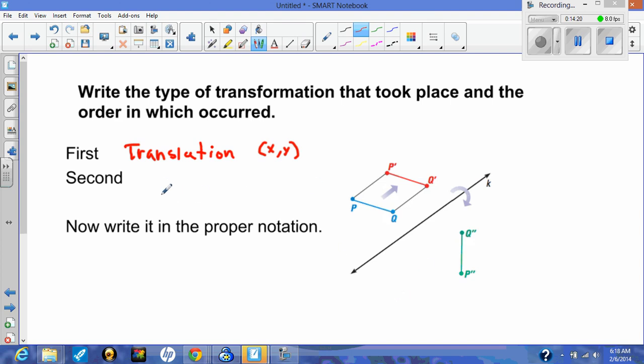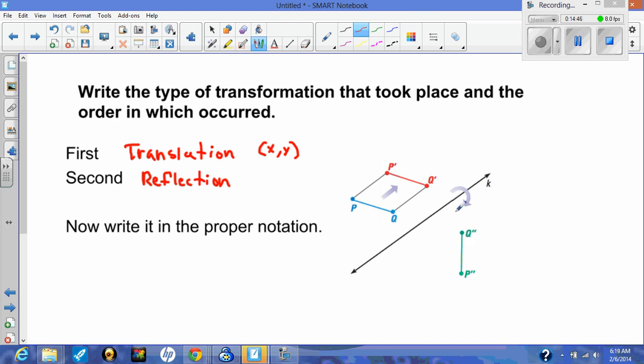Okay, that appears to be a reflection. If we look closely, we can see that P prime has been reflected to P double prime. Q prime has been reflected to Q double prime over the line y is equal to k.